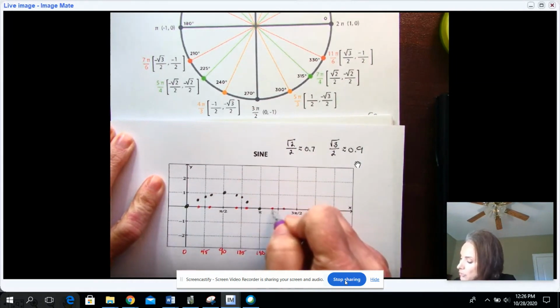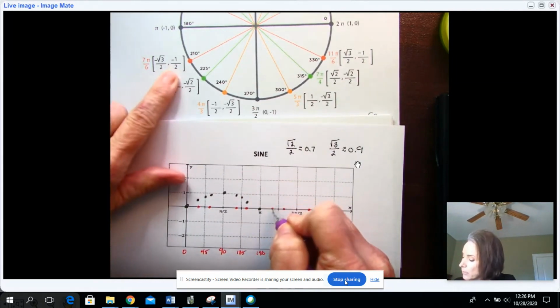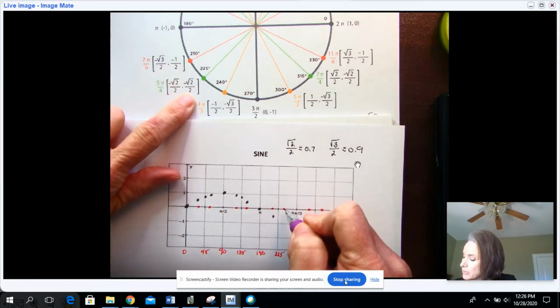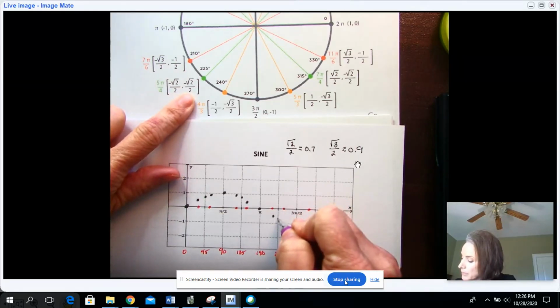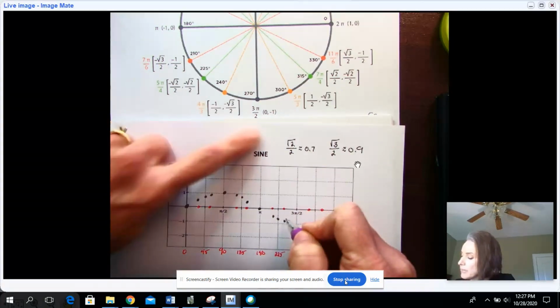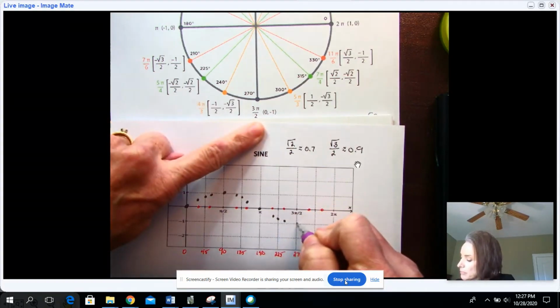And then the sine of 210 is going to be negative 1/2. The sine of 225 is going to be negative 0.7. The sine of 240 is negative 0.9. The sine of 270 is negative 1.